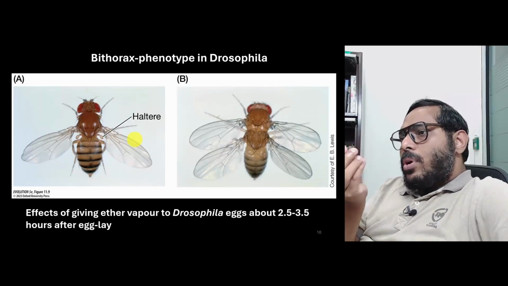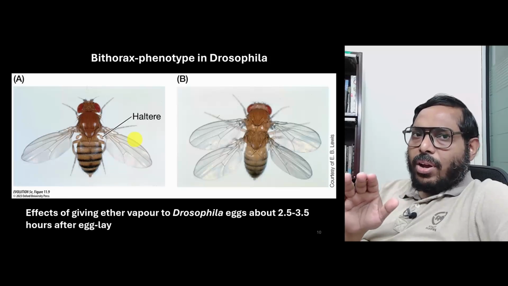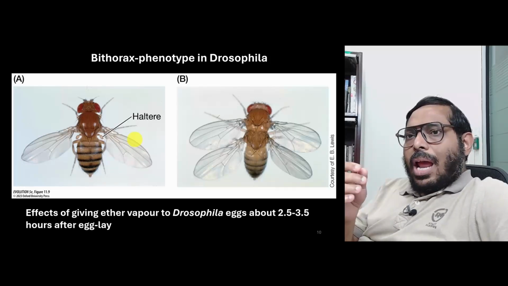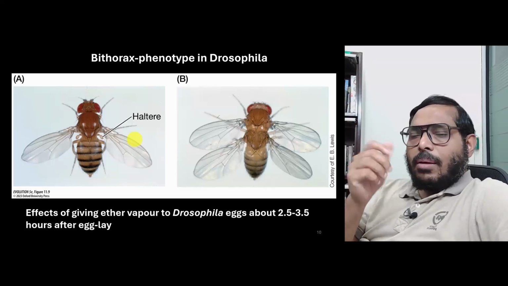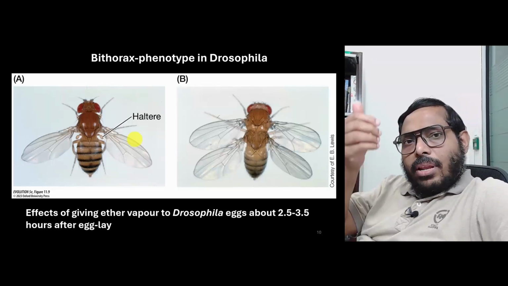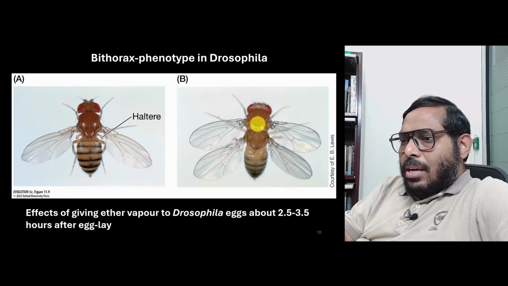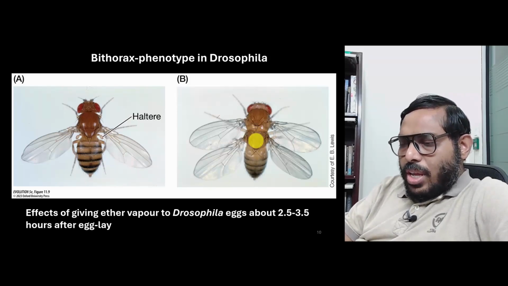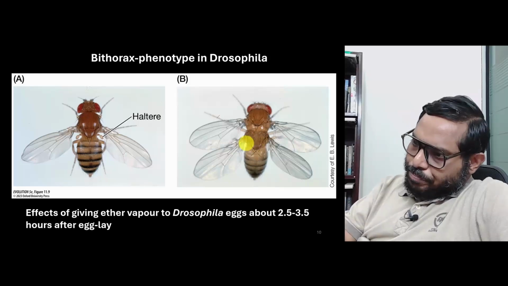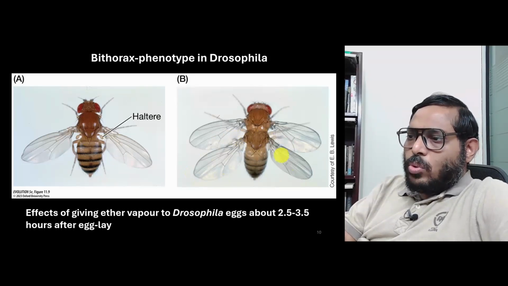However, if you take eggs of Drosophila when they are about 2.5 or 3.5 hours old, and you expose them to the vapor of ether, the chemical, then when those eggs hatch and when the adults form, the adults tend to have this extra segment over here, and more importantly, instead of the halter, this halter turns into wings.